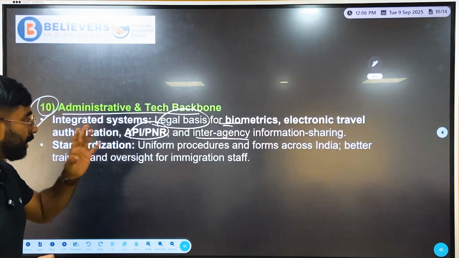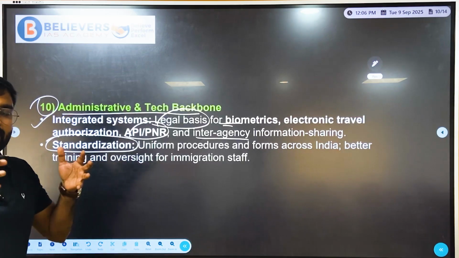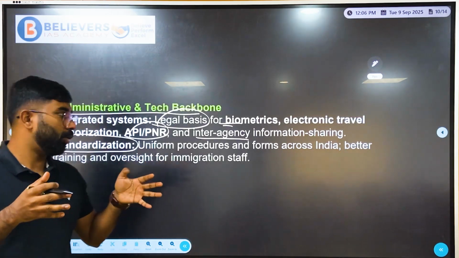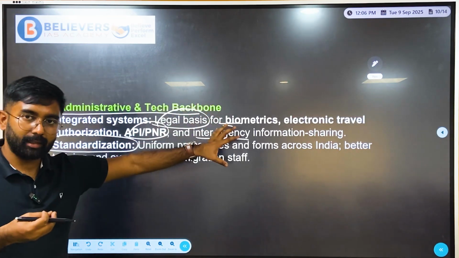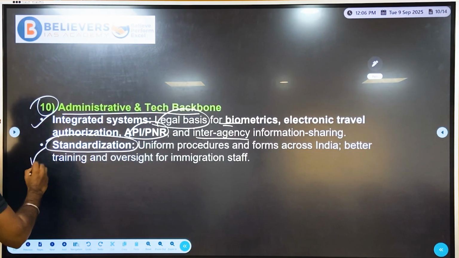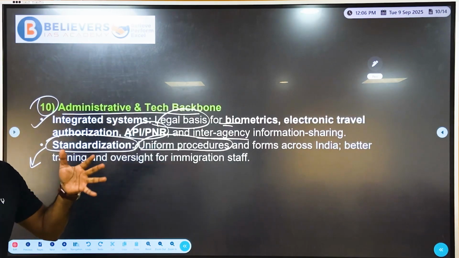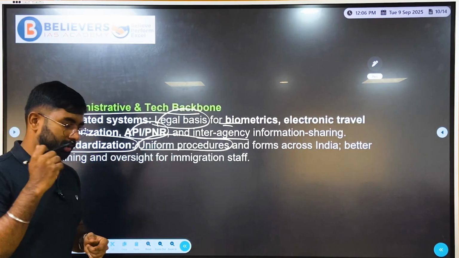So that is also another important thing. And also it is ultimately trying to create a standardized form of how these things are to be taken care of or processed in the country, so that a uniform procedure stays in the entire country in order to standardize the entire process.